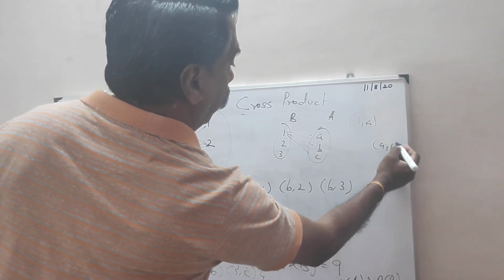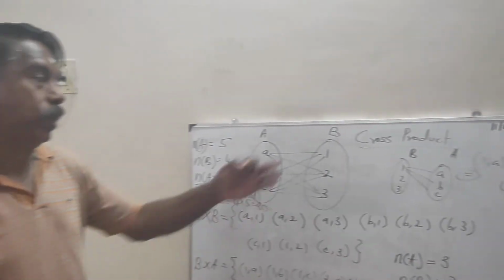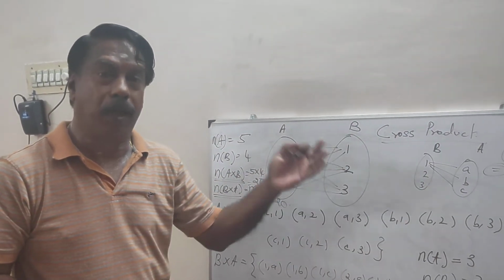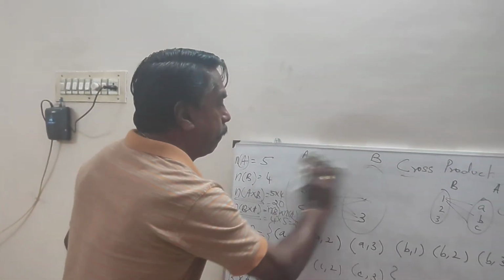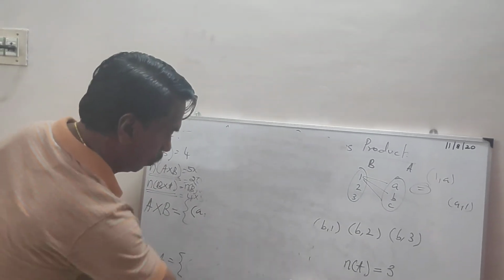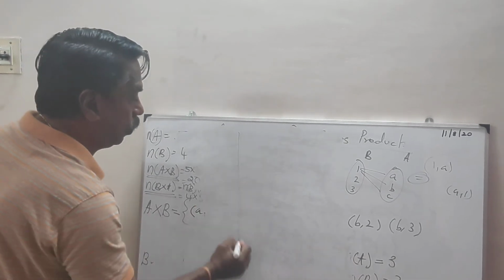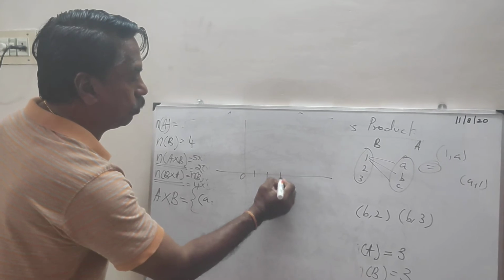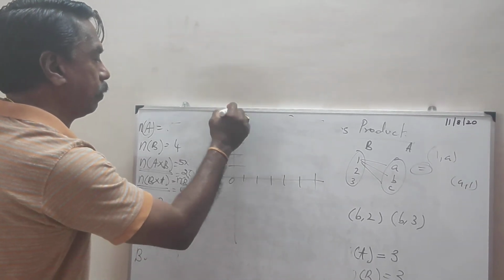Now what about 1 comma A and A comma 1? Are they equal or are they the same? We will find out now. Suppose you take a graph, for example, this is the origin, 1, 2, 3, 4, 5, 6 and 1, 2, 3, 4, 5, 6.